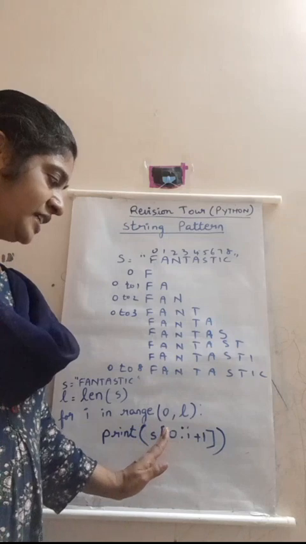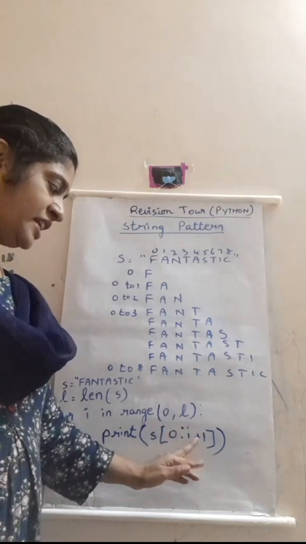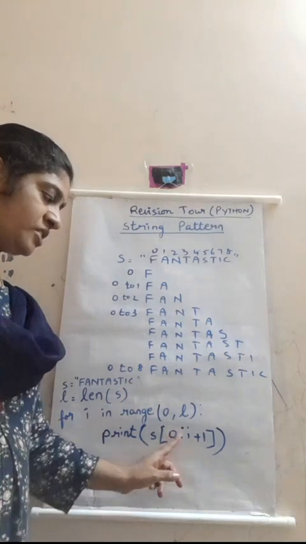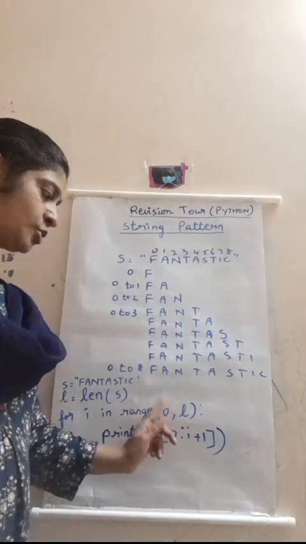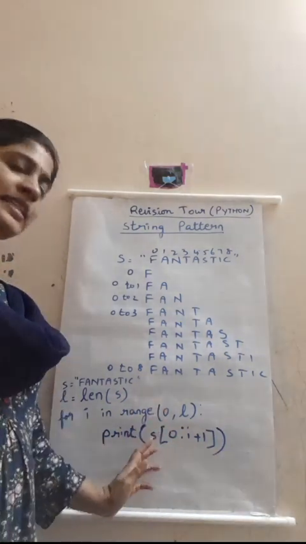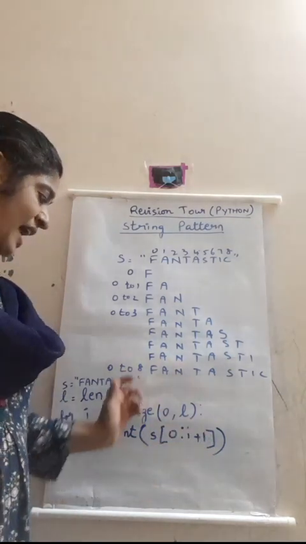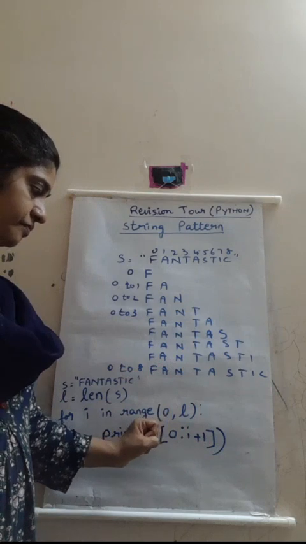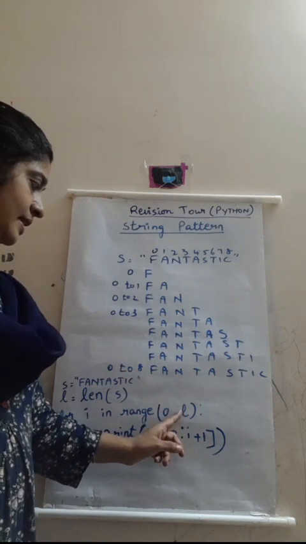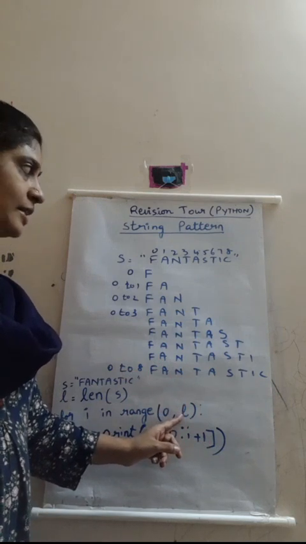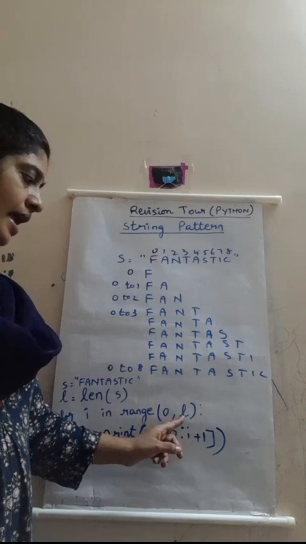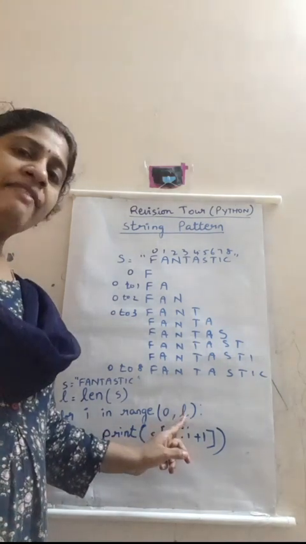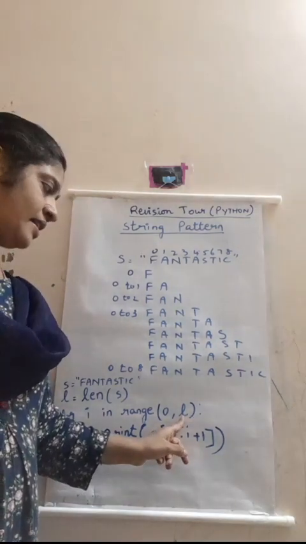The initial first value of I would be 0, so it will slice from 0 to 1. Then when I is 1, 0 to 2, and like this it will run. Finally, when I reaches L, what is the value of L? L would be 9.